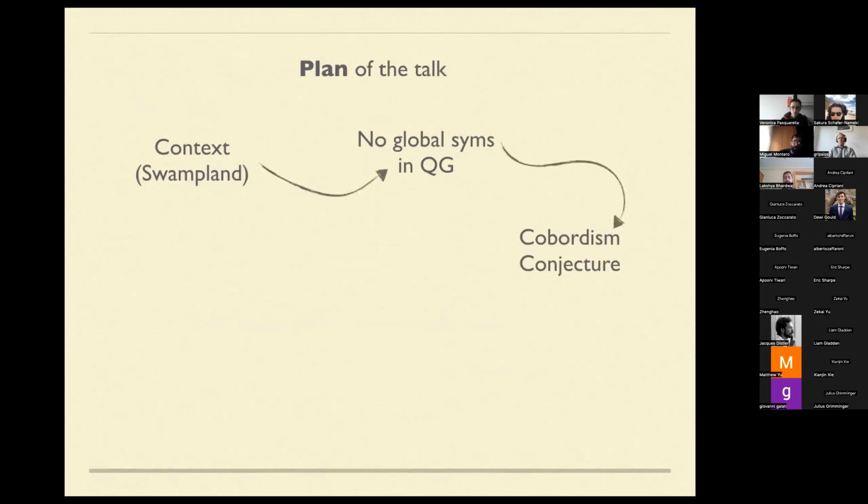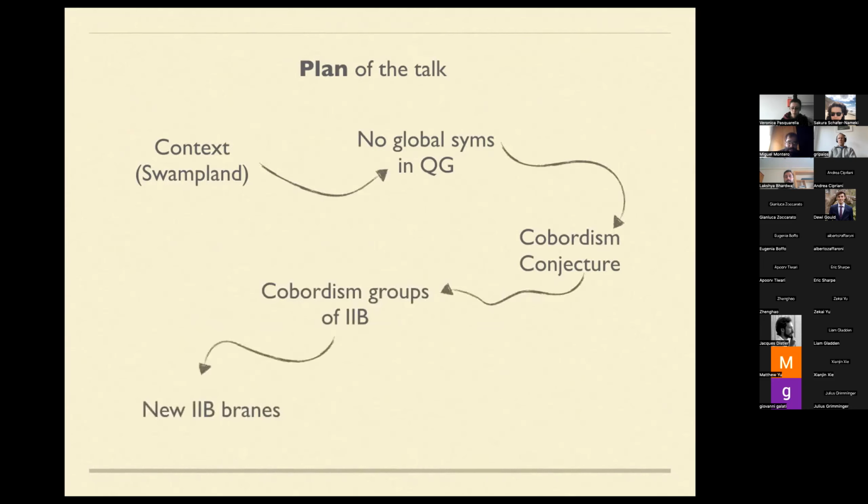That's going to be a very abstract discussion. We'll make it more particular for this cobordism conjecture, which will be the tool we will actually use to constrain effective theories of interest. And then we'll apply it to 2B. And then we will use these techniques to get new objects and predict new defects in type 2B string theory. And finally, we'll get to conclusions. Okay, so that's the big picture.